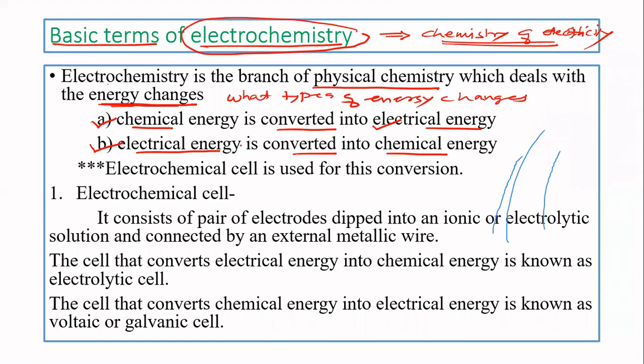That means by the use of electrical energy we can carry out a chemical reaction. So for this conversion, from chemical energy into electrical energy or electrical energy into chemical energy, the device used is called an electrochemical cell. The electrochemical cell is the device used for energy conversion.